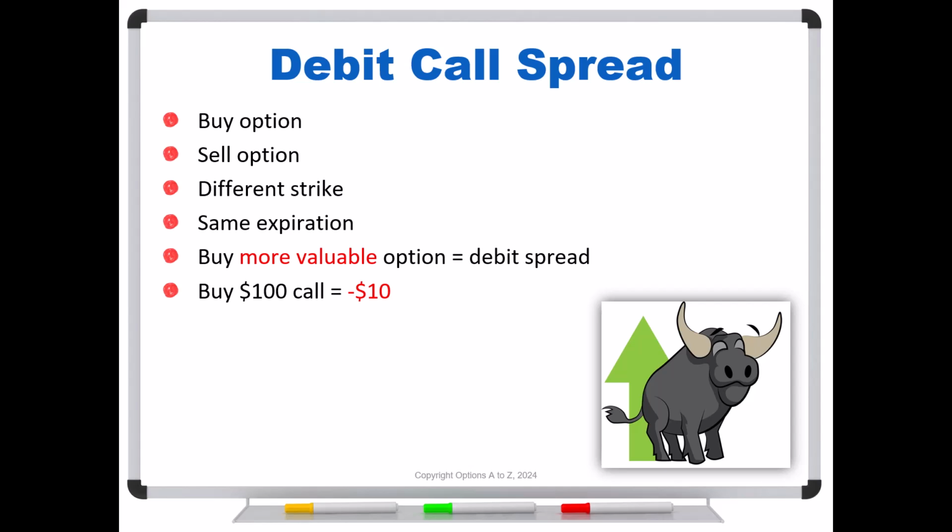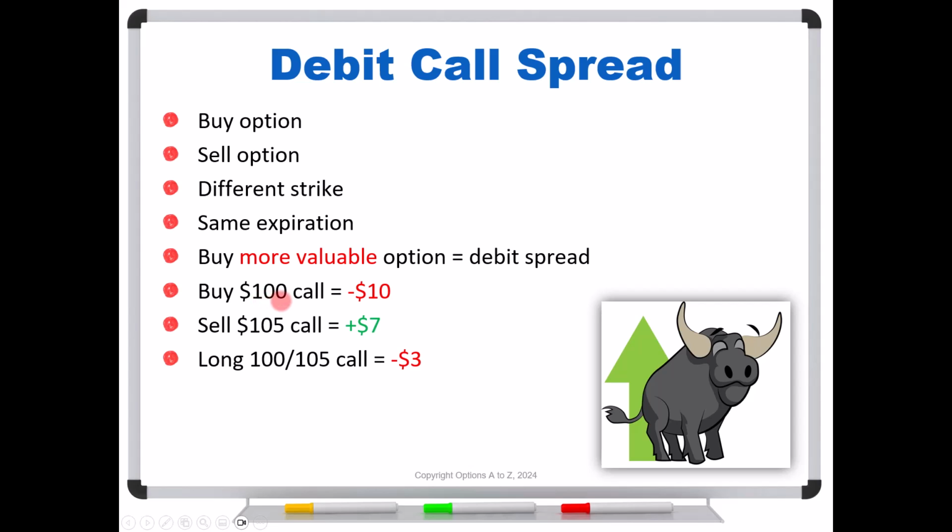You would have to pay $10 to buy that call by itself. But then you decide to enter a vertical spread by, let's say, selling the 105 call, which may be trading for 7. So you get this $7 credit, and on a net basis, you have purchased the 100-105 call spread for 3. Now again, the reason that we can look at this and see that it is a long spread or a debit spread is that that's the one that you've purchased. You have purchased the lower strike call.